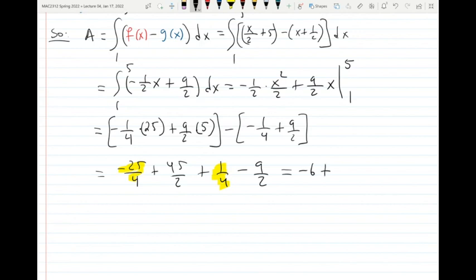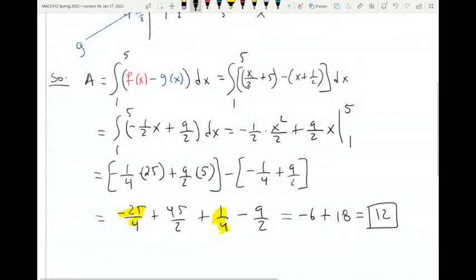So that's negative 6 plus 45 over 2 minus 9 over 2. I can easily combine those two. 45 minus 9, that's 36, and then over 2, so 36 over 2 is 18. So we get 12.